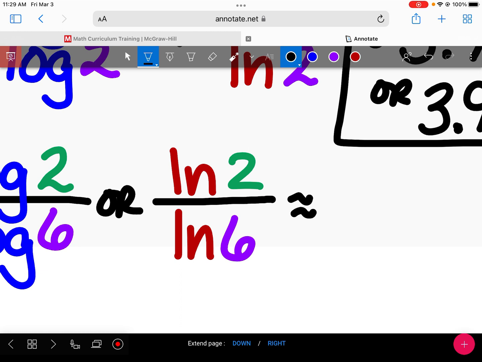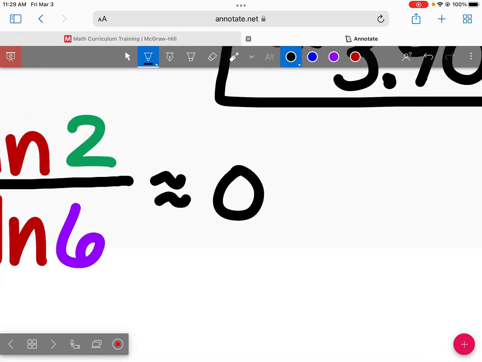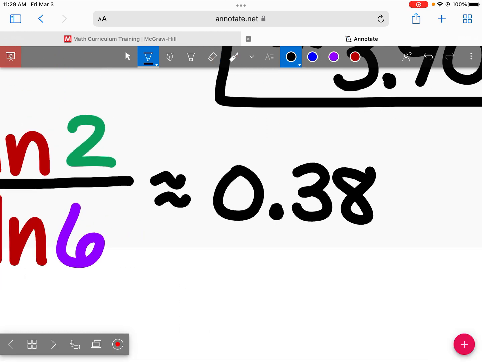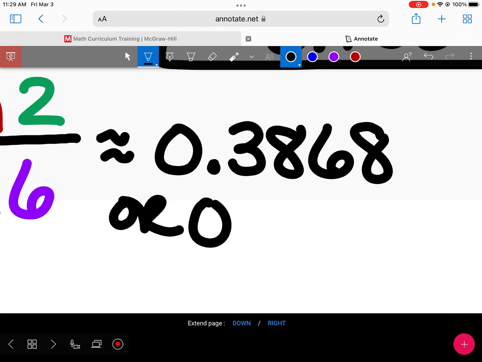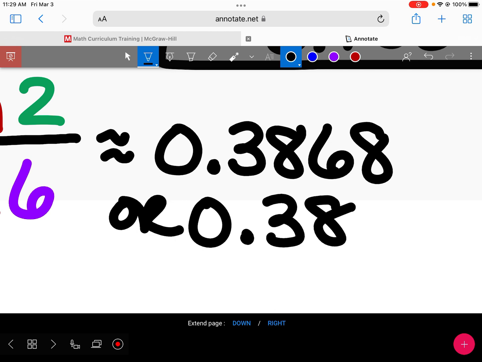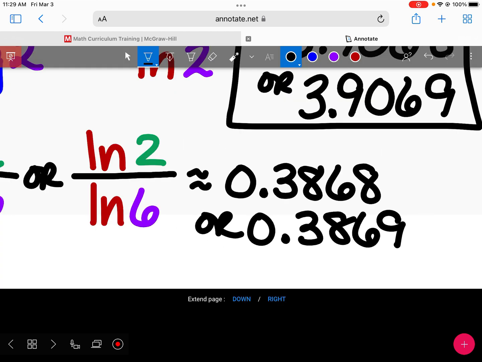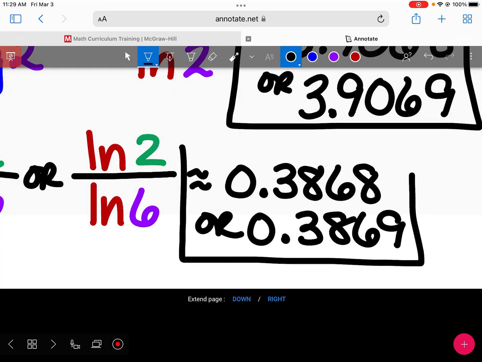And what do we get? 0.3868 or 0.3869, depending on how you round that one.